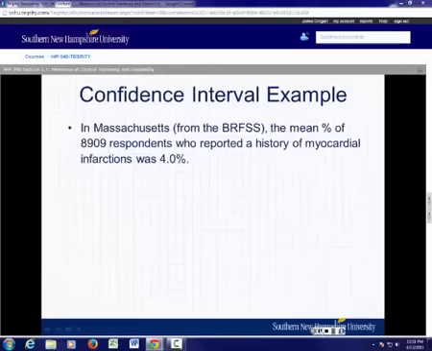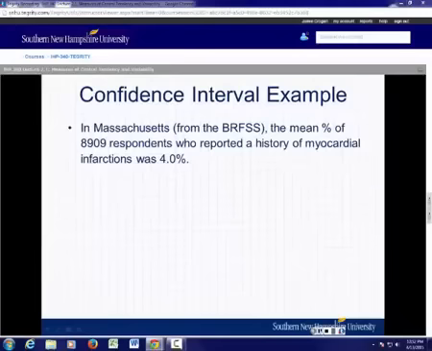Now, if this sample was a perfectly randomly selected sample and they perfectly represented the population, well, we would say then in the state of Massachusetts, about 4% of people have had a heart attack. But we're not always sure if the sample actually represents the population. So this is where the confidence interval comes in.